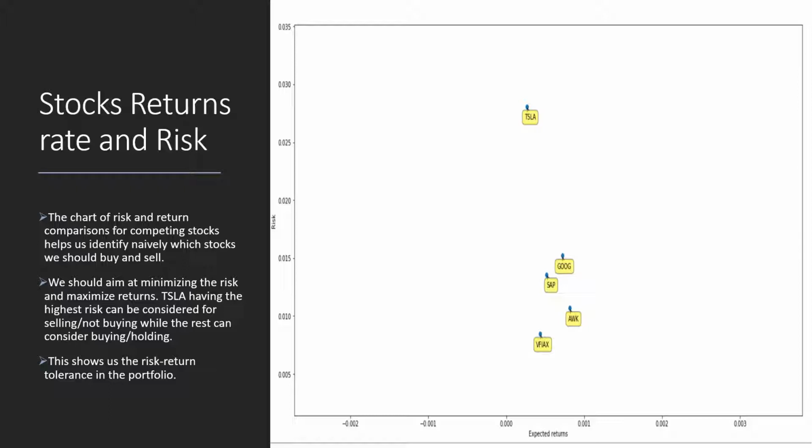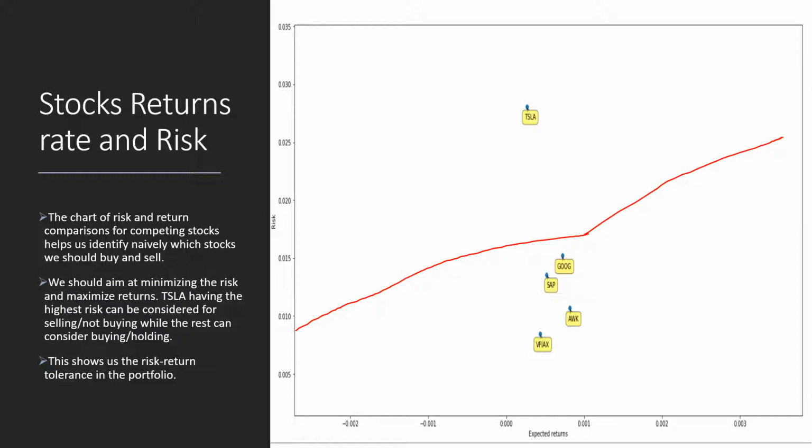As seen, Tesla has a very high risk compared to the others, while its returns are not that high. And hence it is a function by itself wherein the risk return tolerance for the portfolio is generated. A line can be derived, this is just a random line, by which we can differentiate between buy and sell.